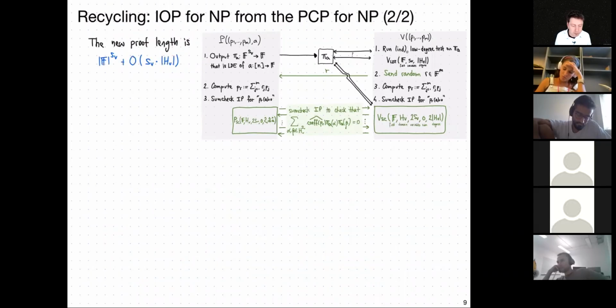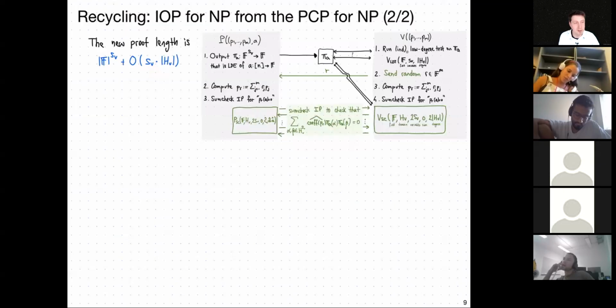So the total proof length is the size of the log extension, which is this term over here, F to the sv, plus the size of the communication transcript of the soundcheck. And if you remember, the communication transcript of the soundcheck is number of variables times degree. The number of variables is 2sv, and the individual degree is 2hv.